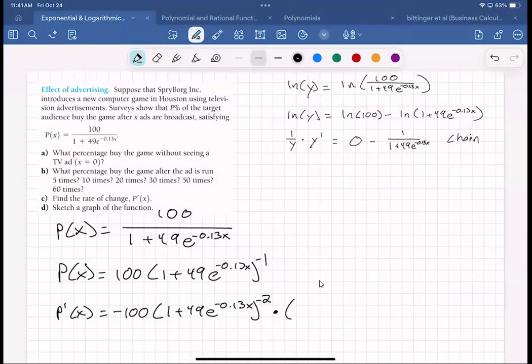Now, as far as this chain rule is concerned, the derivative of 1 is 0. Okay, so we're going to have 49 e to the -0.13x times the chain rule again, -0.13.